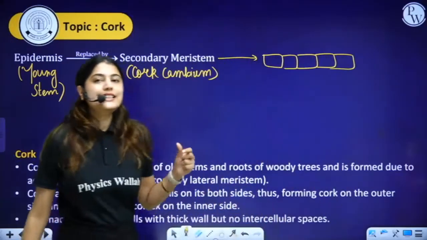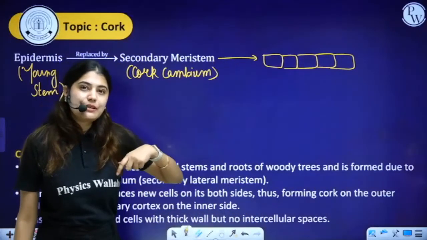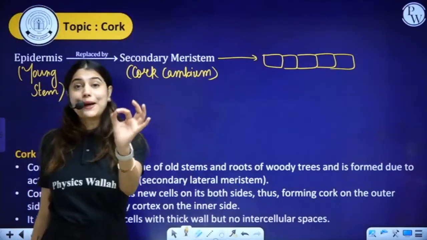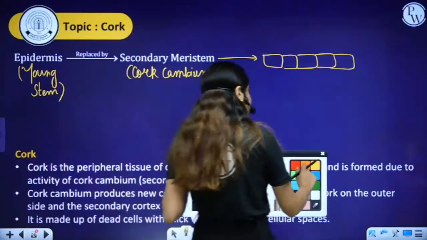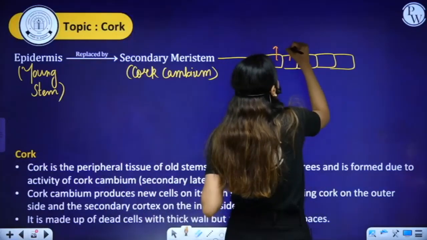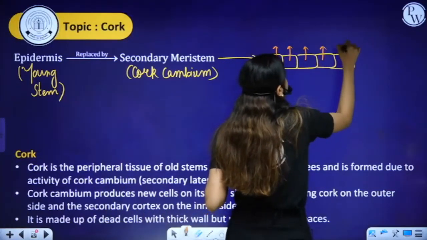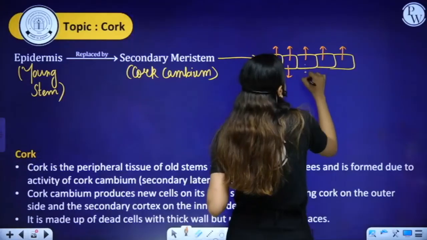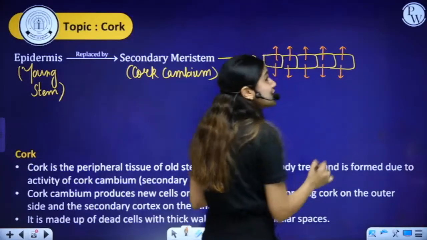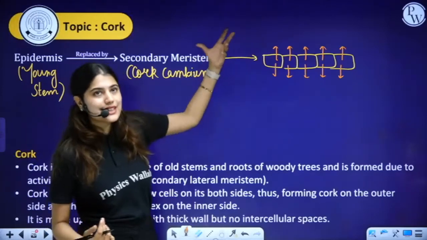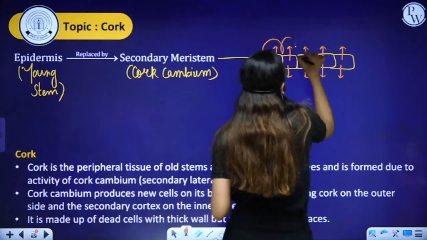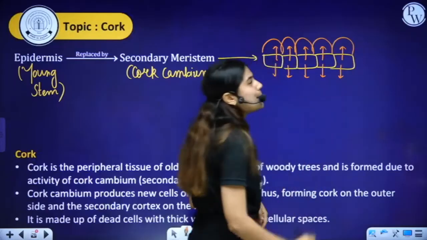Let's see, these are the cells of cork cambium. It says meristem. Meristem means they have the ability to divide. So once they divide, they will add cells on the outer side as well as on the inner side.